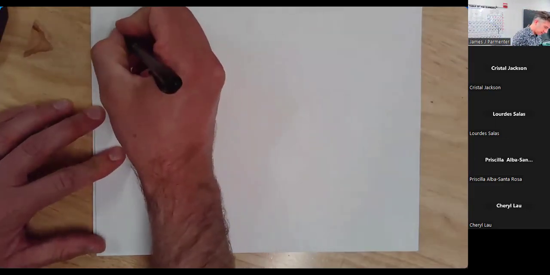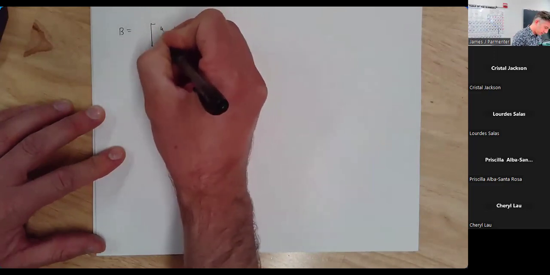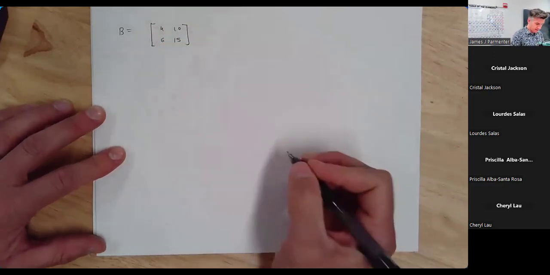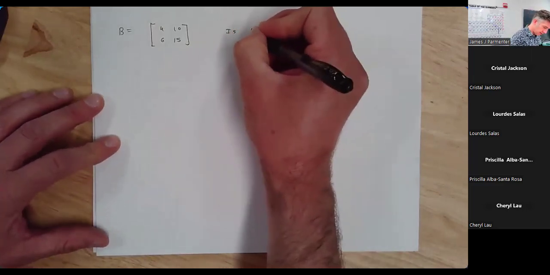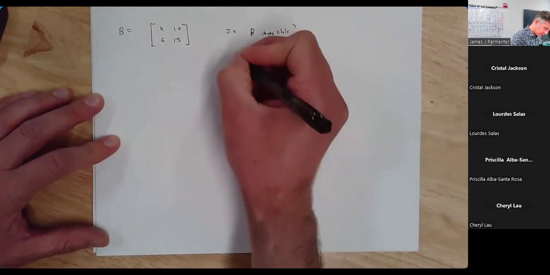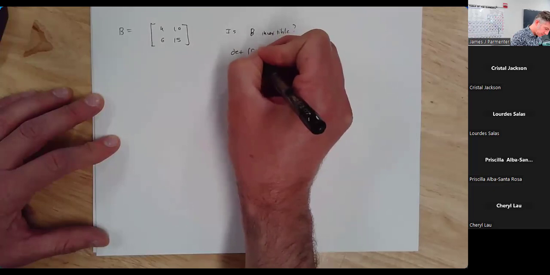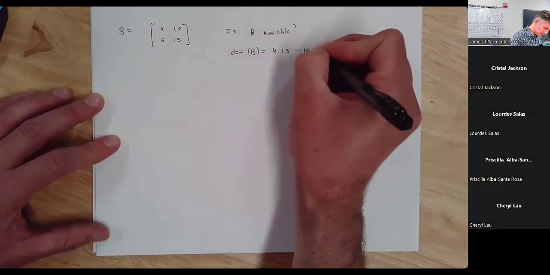Let's look at this next matrix. Let's say here's the matrix B equal to 4, 10, 6, 15. Is B invertible? Well, let's find out. The determinant of B is equal to 4 times 15 minus 10 times 6.